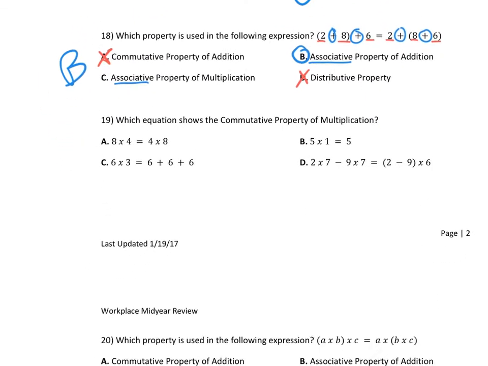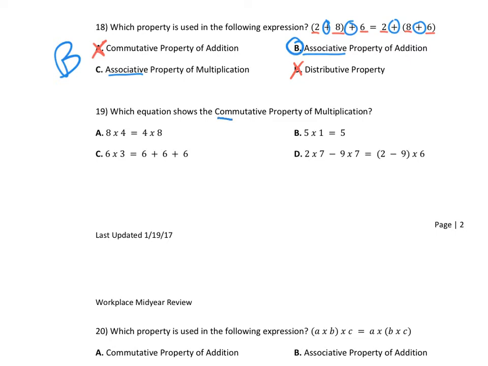Okay, number 19. So commutative is where the order changes. So we can go through and eliminate ones that don't have that happening. So for A, the order changes, so it could be A. For C, they kind of just wrote out multiplication as addition, which is cool, but that's not the commutative property. For B, they just did multiplication.